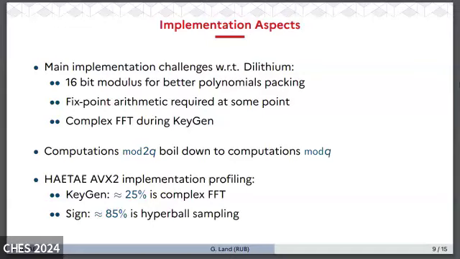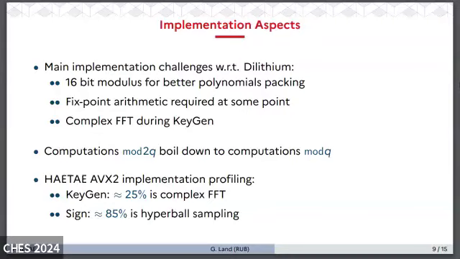And another small spoiler: also in our AVX2 implementation, the complex FFT is not yet fully optimized, and still it's like 25% of cycles going into there. So hyperball sampling, that's our nonce sampling, and for Dilithium, you might know nonce sampling is quite a simple procedure. It's just you take a SHAKE256 output and you parse the bit strings into signed integers.